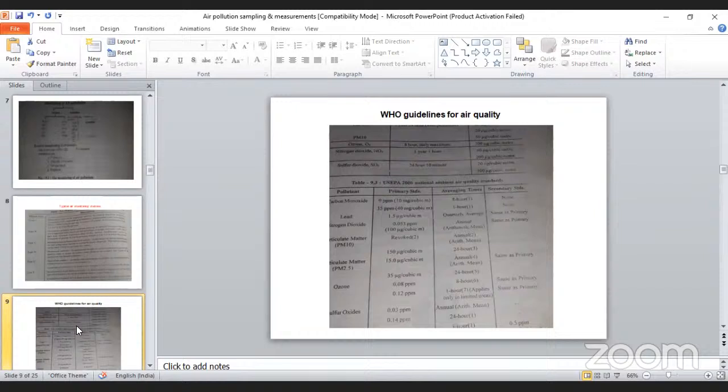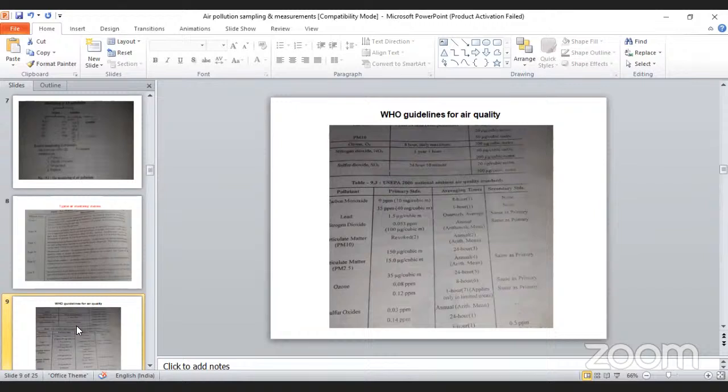And how the method is being used. Stack sampler means, whatever method I have discussed now, the system is supposed to have an inlet device, air movement, and a collection medium. And after the collection medium, it enters into the measurement device. The inlet manifold transports the sample from the air into the collection medium.